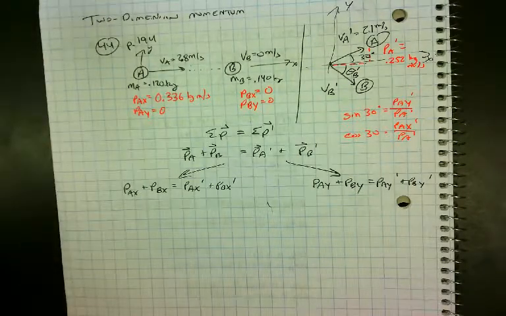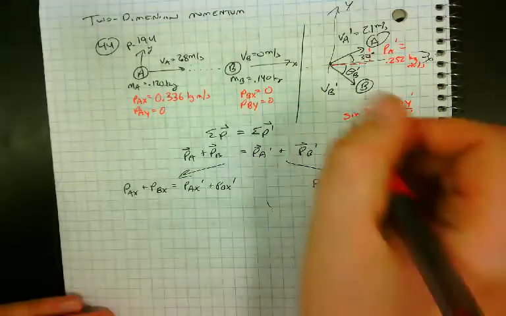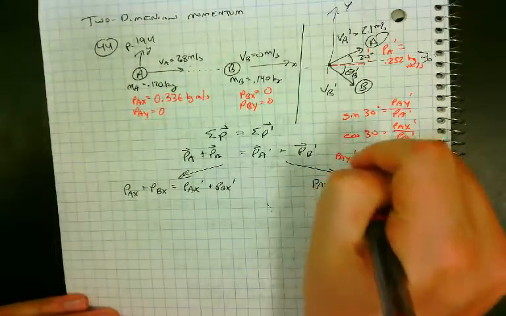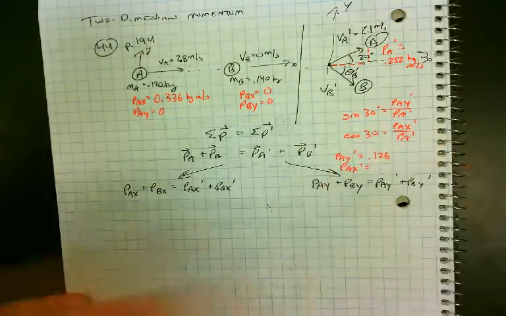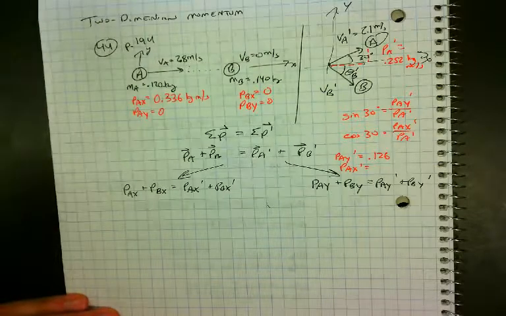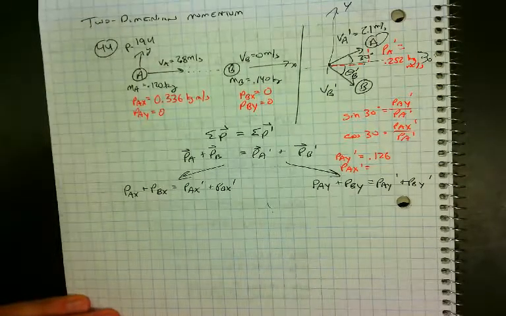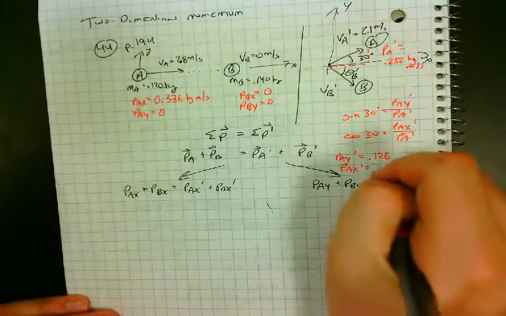By doing that, I'm getting a PAY of 0.126 and a PAX of cosine 30, 0.218.